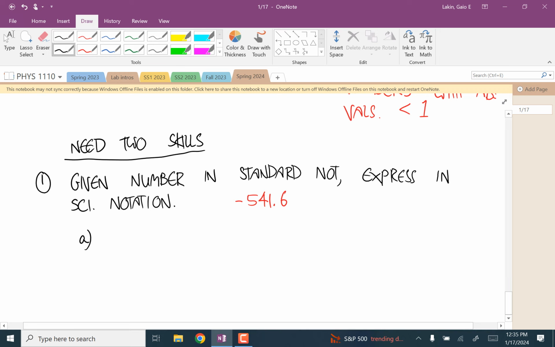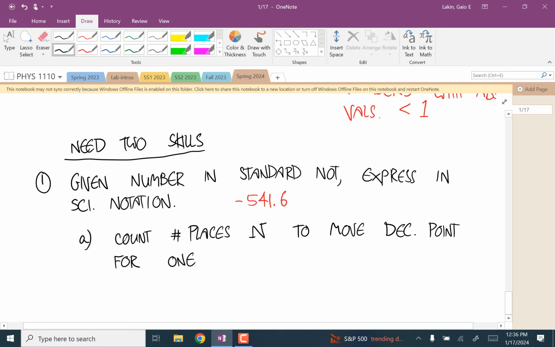Okay, so the first step is count the number of places, call this capital N, that you have to move the decimal point to have one leading digit.